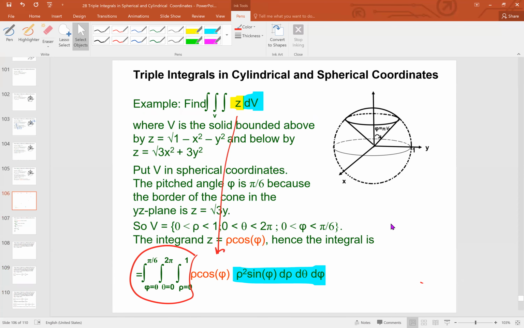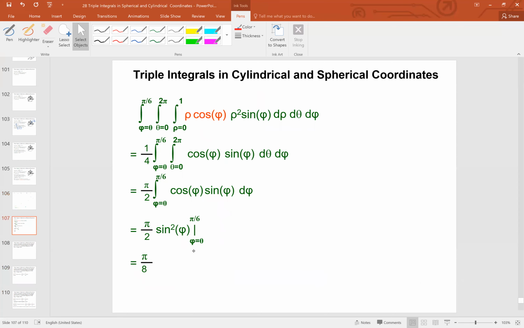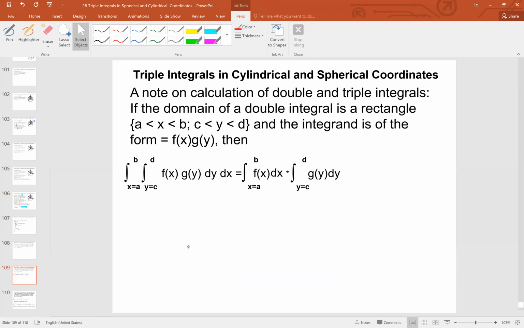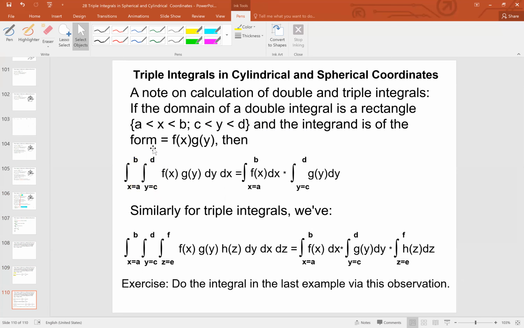We can use that to calculate these functions: put all the rho on one side, and the sine phi and theta on the others. Notice this is true only for integrating over a box, with limits a, b, c, d, e, f.